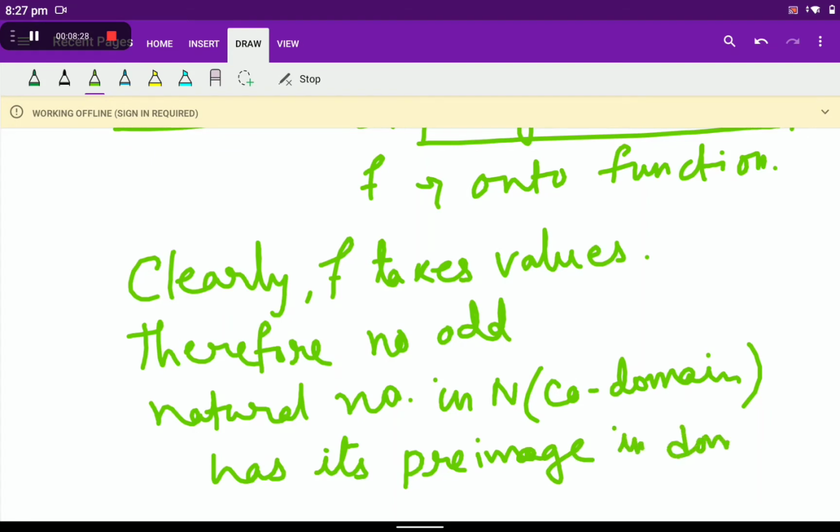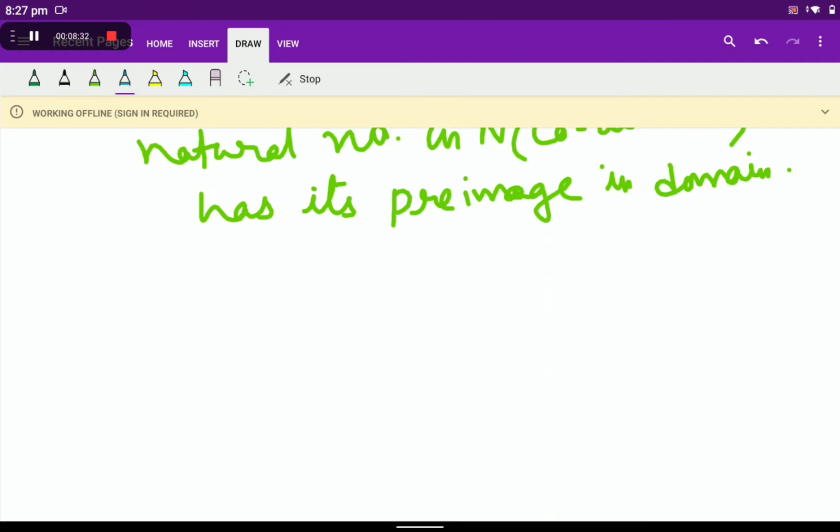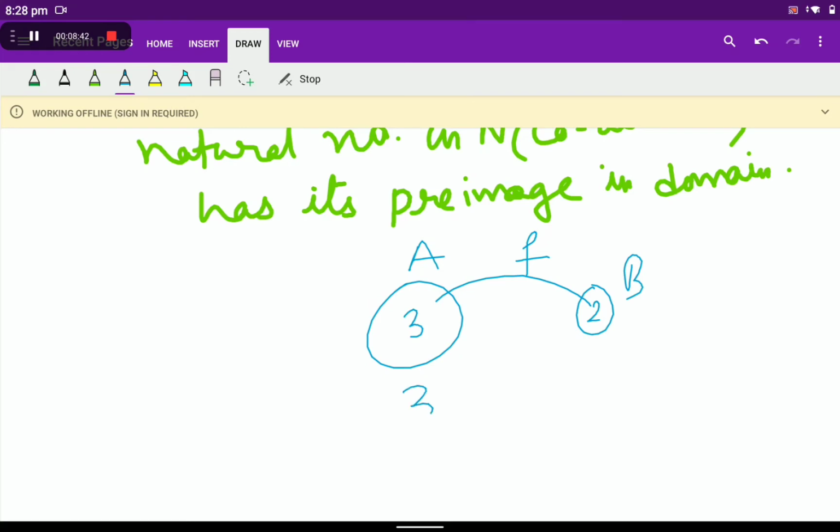Now what is a pre-image? Say here it is A and here it is B, and f maps A to B, and here the elements are 2 and 3. So we may write that 3 is the pre-image of 2 under f. This is the basic concept of pre-image.